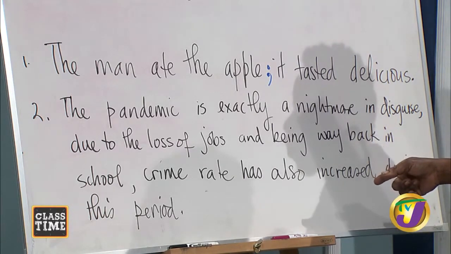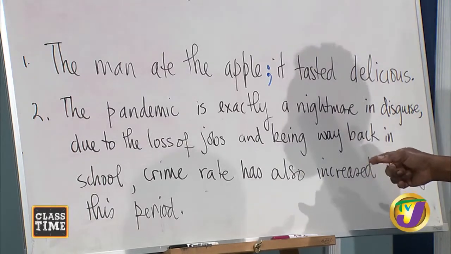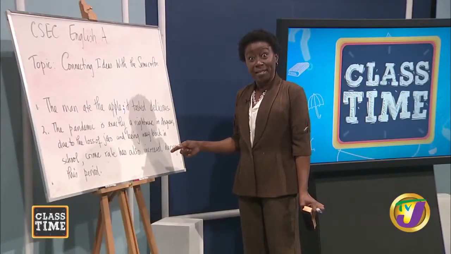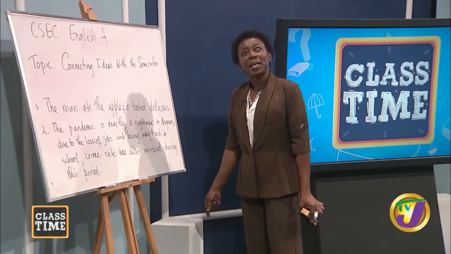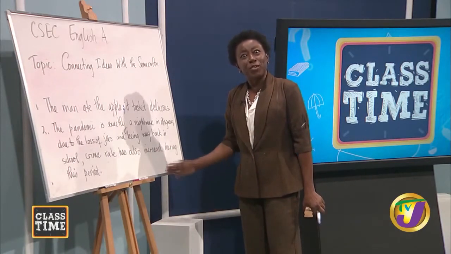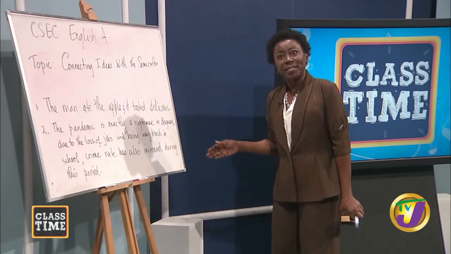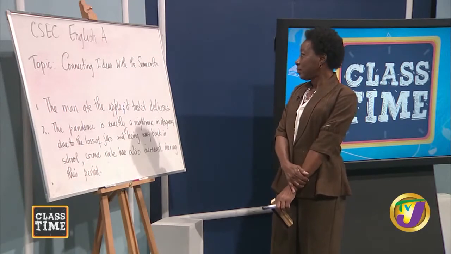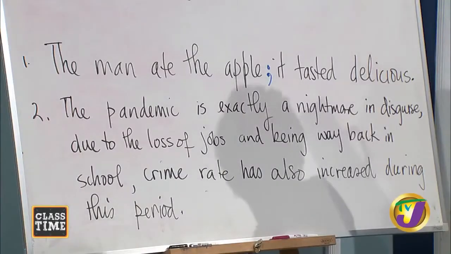I need to look for the first independent expression or the first sentence. All right? Where in number 2 do you see the idea of an independent thought? Where would you say the first independent thought ends? At school.